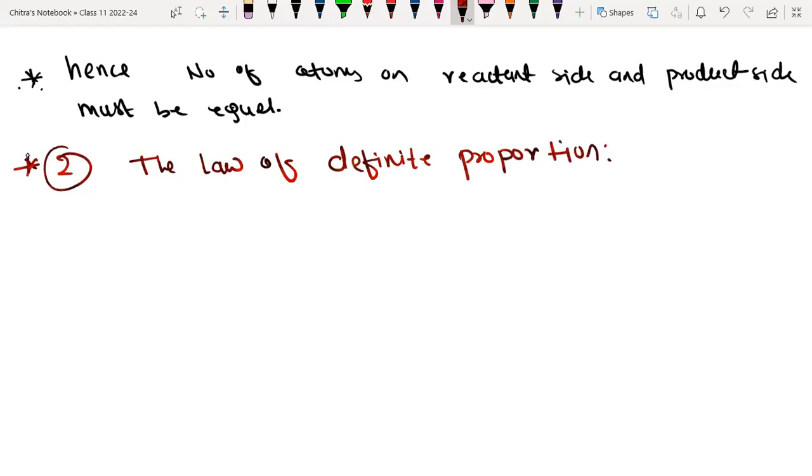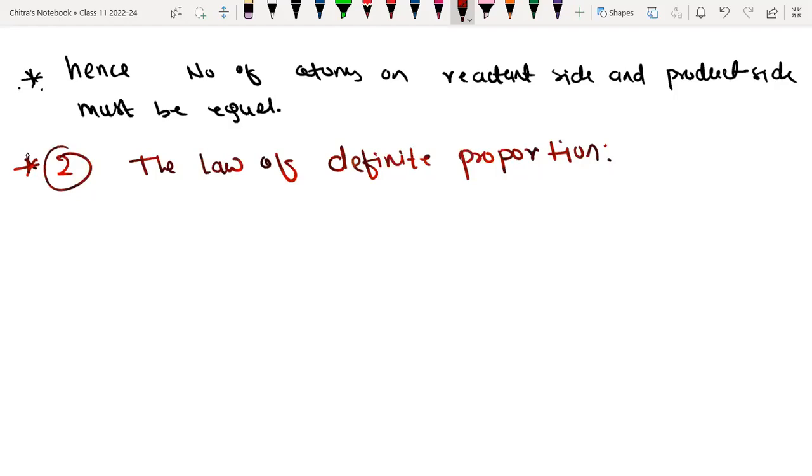The definite proportion is nothing but, suppose we are going to collect different samples of water.